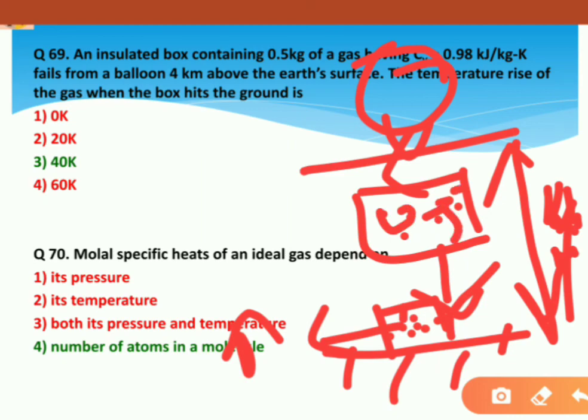Here the kinetic energy converts into heat energy. The gas volume is not changing, so it's a constant volume heat addition process.